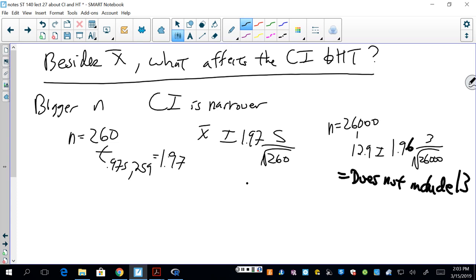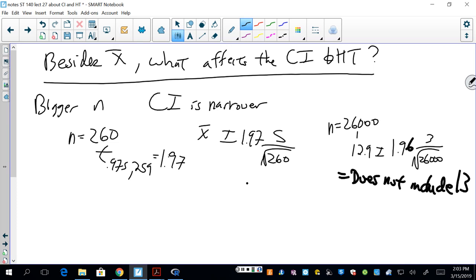Is it practically important though? 13 grams versus 12.9 grams. That's really a medical question. Is that really going to impact development, to be 1/10 of a gram lower on average?